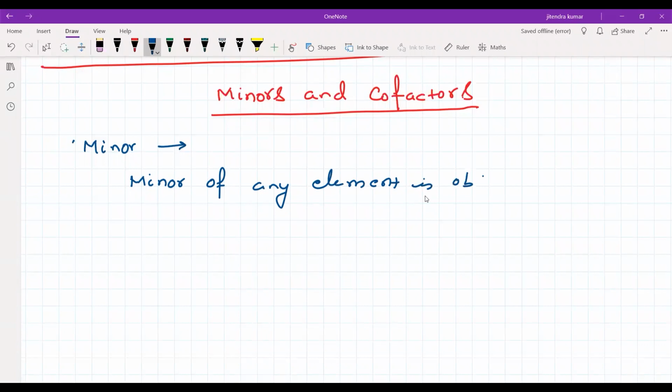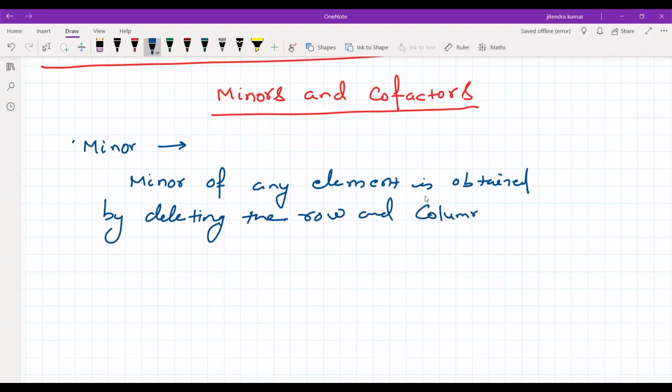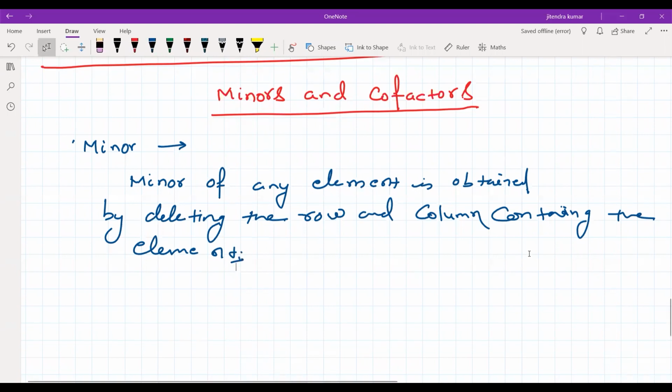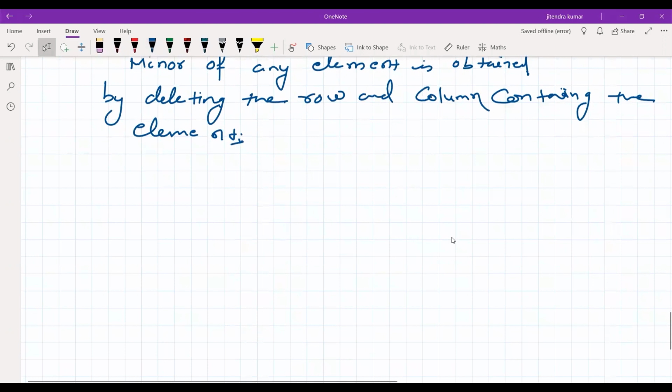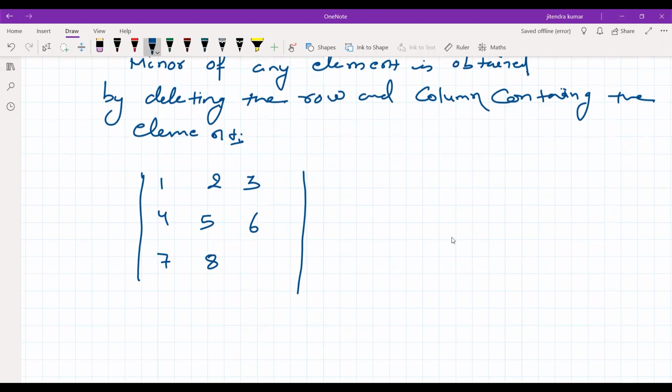is obtained by deleting the row and column containing the element. What I mean here is, suppose we have a determinant 1, 2, 3, 4, 5, 6, 7, 8, 9.